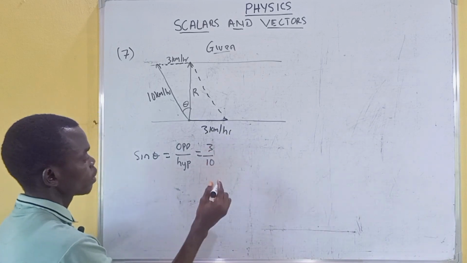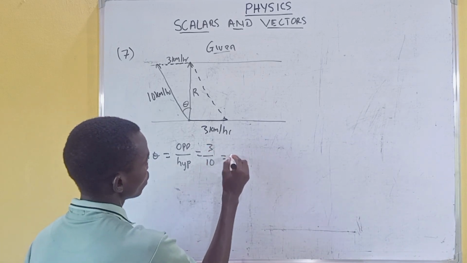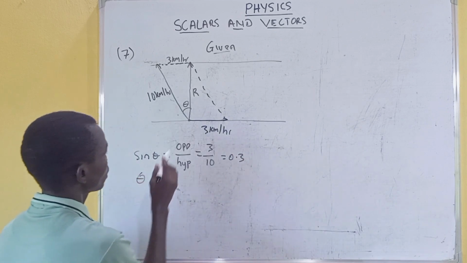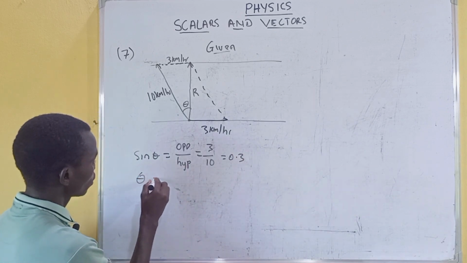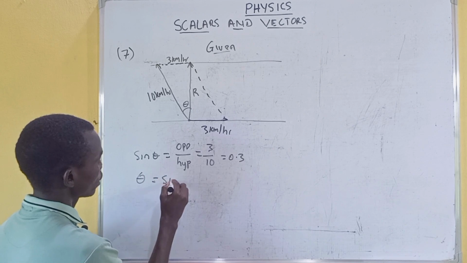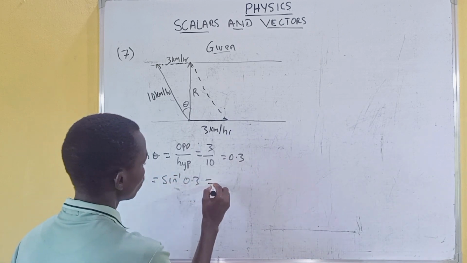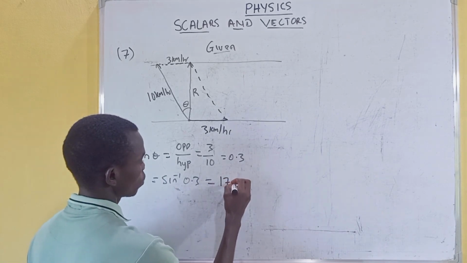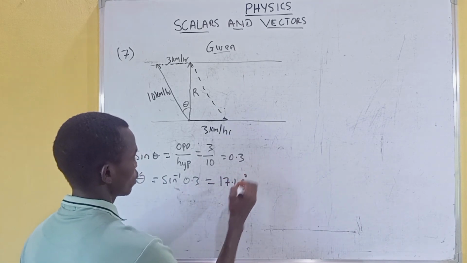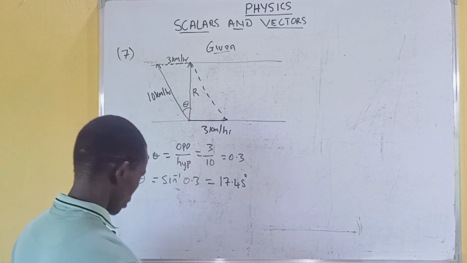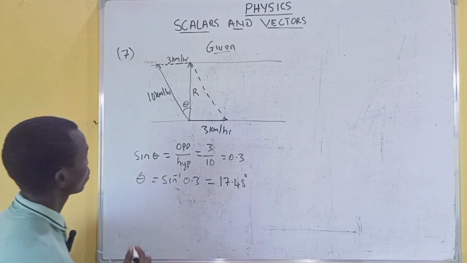So 3 divided by 10 will give you 0.3. So to find our theta, which is the direction, will be equal to arc sine 0.3. This will give you 17.45 degrees.